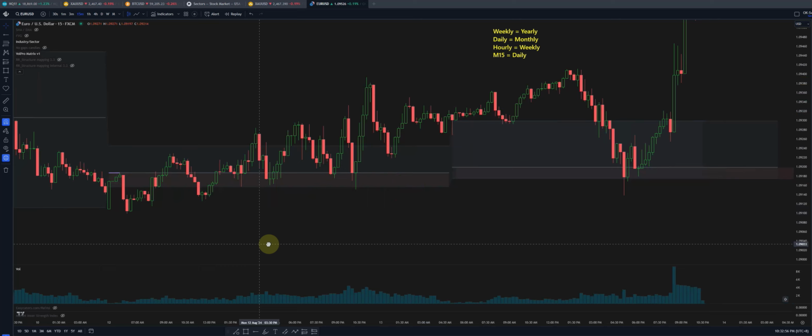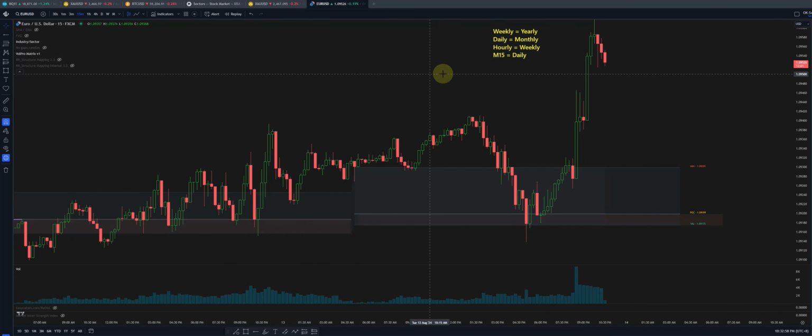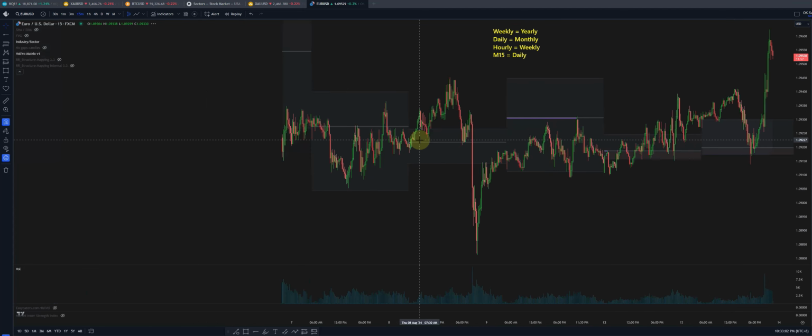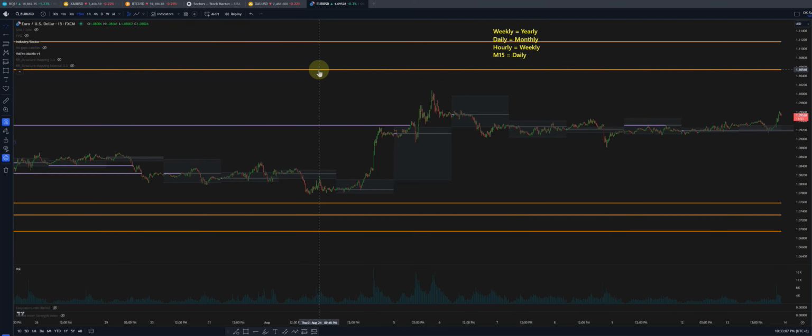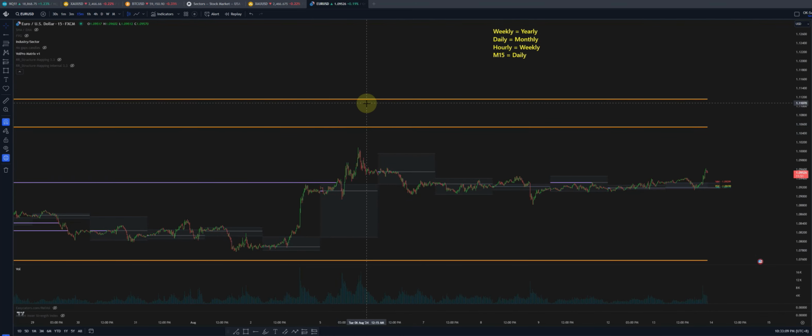Okay, and there is another thing. If you see the lines, like these lines, these lines are called the virgin point of control, VPOC. VPOC means virgin point of control.